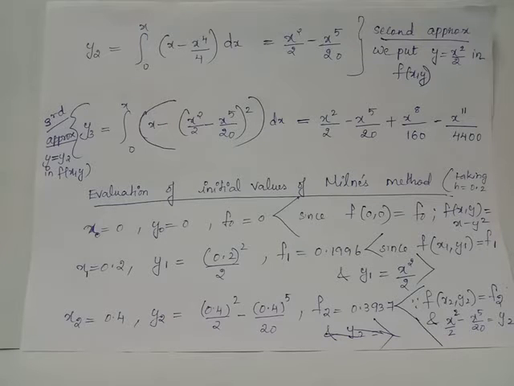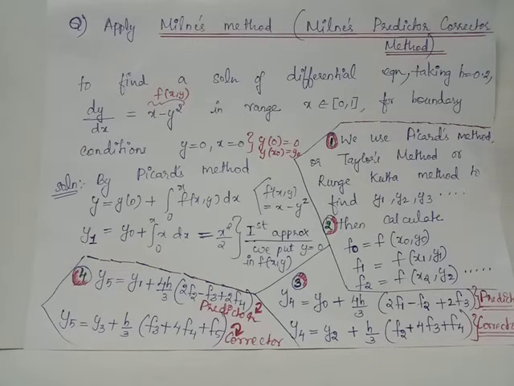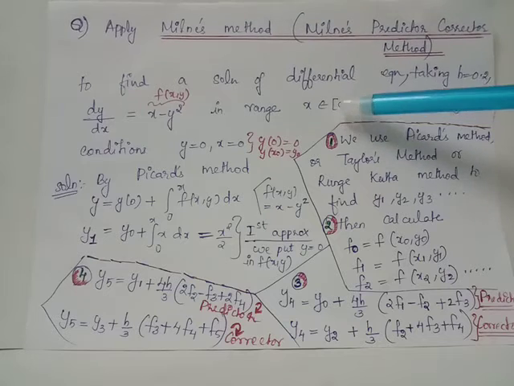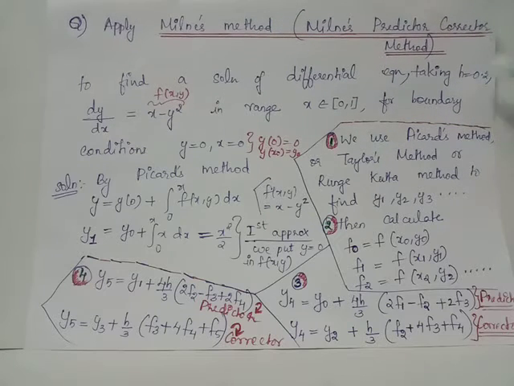Now we have to find out the initial values required for Milne's method. We have x values following the step size h equals 0.2. Since the range for x is defined as the closed interval 0 to 1 and step size is h equals 0.2, we have to start with x naught equals 0, x1 equals 0.2, x2 equals 0.4, x3 equals 0.6 and so on.